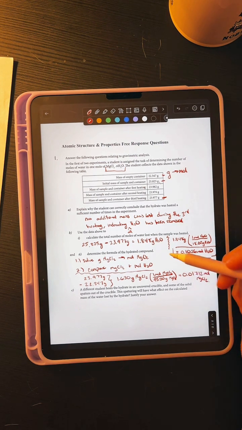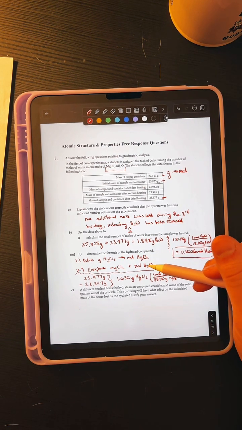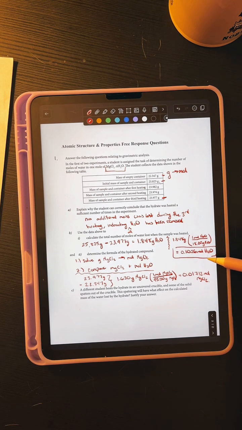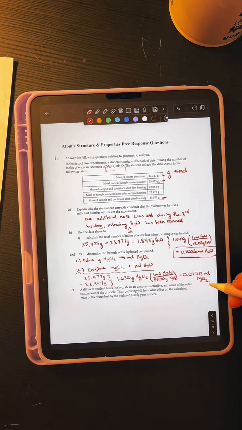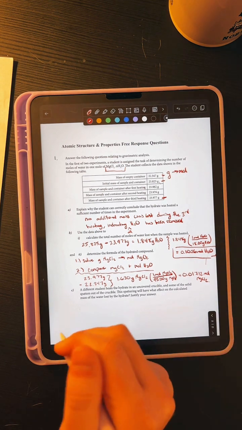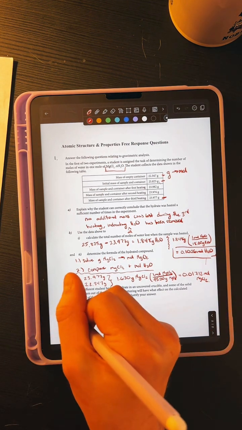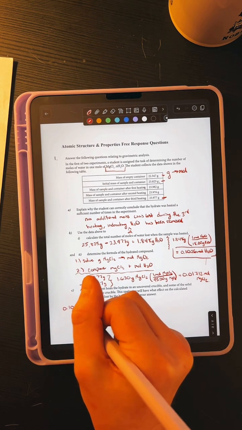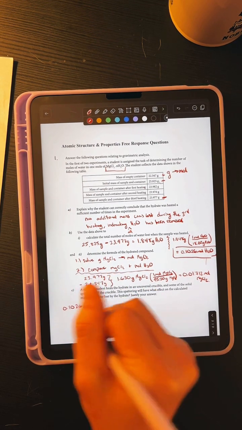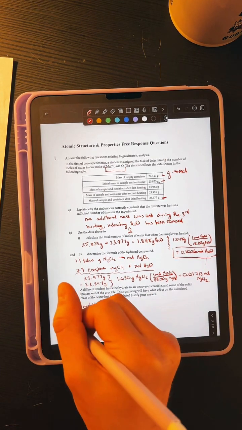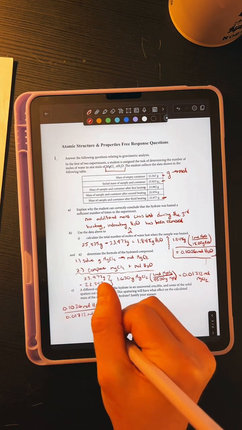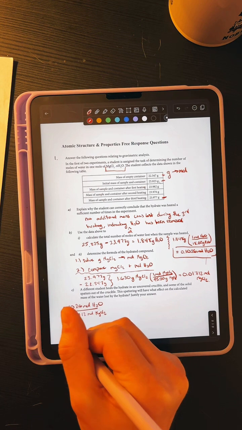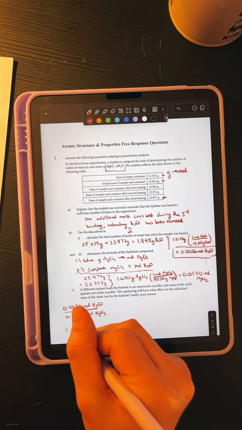But now we want to compare our moles of magnesium chloride and moles of water. So off to the side, I'm going to do this over here. Just like we did with empirical formula, we're going to take the smallest of the two and divide them. So the smallest of the two is magnesium chloride, so we'll take the 0.1026 moles of water, divide that by the smallest, which is 0.01712 moles of MgCl2, and that will give us a value equaling 6.